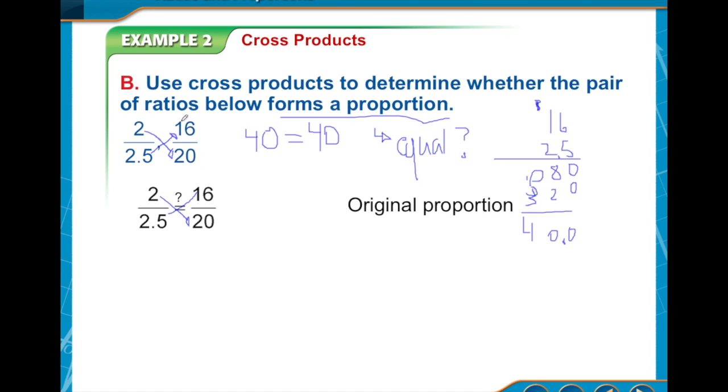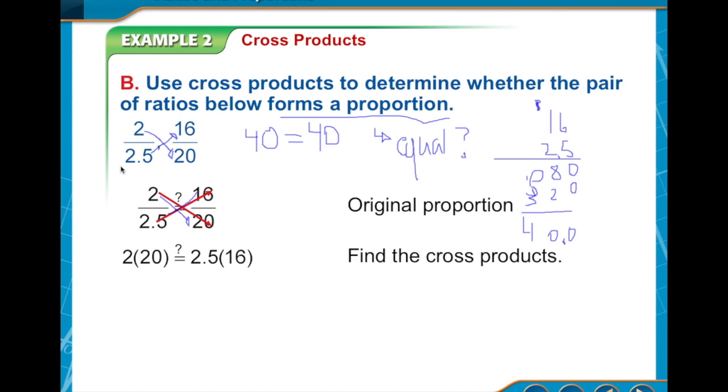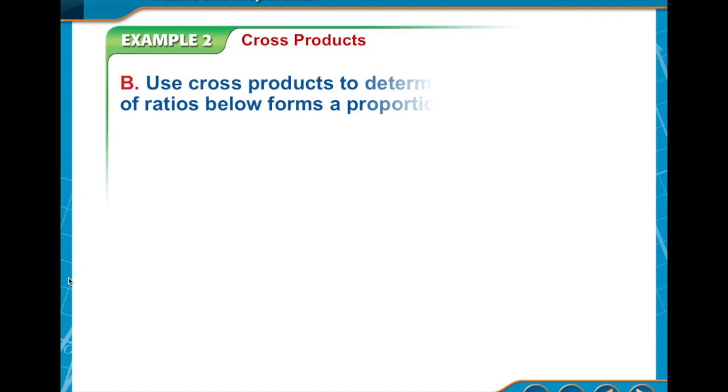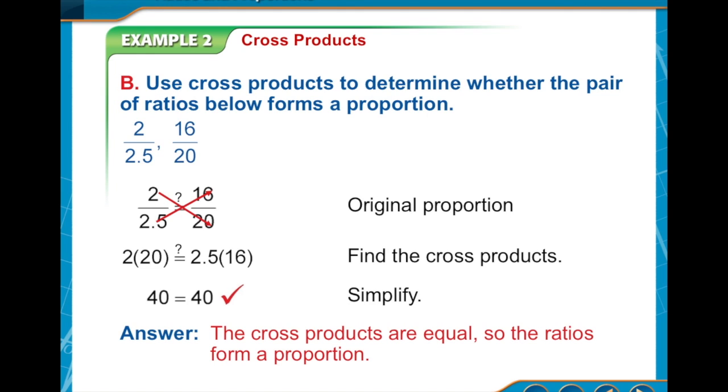These cross products are the same. In other words, the pair of ratios do form a proportion. We see their cross products check out. So to answer this question, we see yes, the ratios form a proportion. So you should be able to do a problem like that with just one step. Multiply across. Check to see, are they the same or are they different?